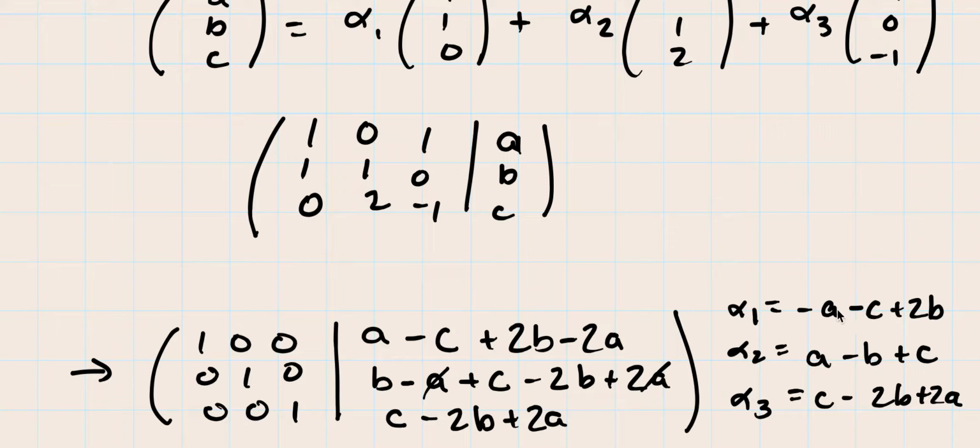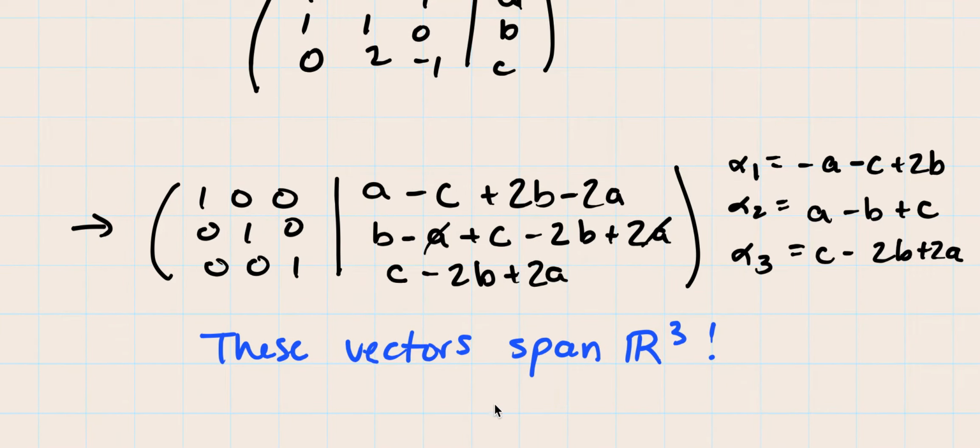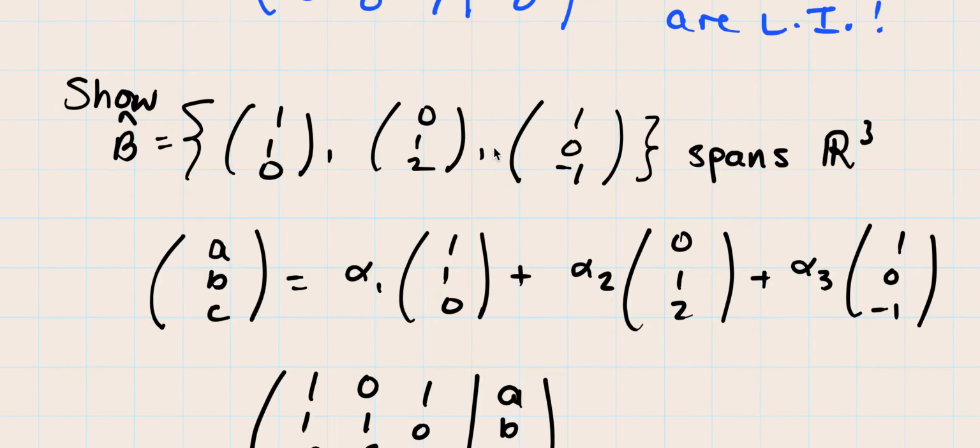And we said that if it didn't span, then we would get an inconsistent system. We would have something like a row of zeros and then some non-zero number here. So this is another basis for R3.